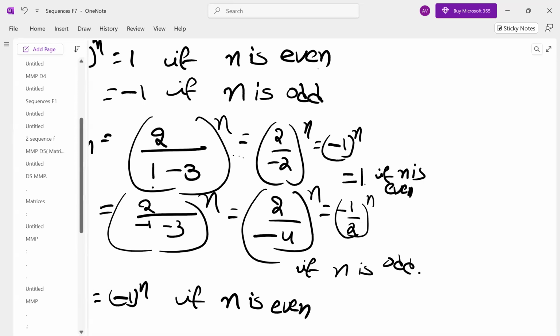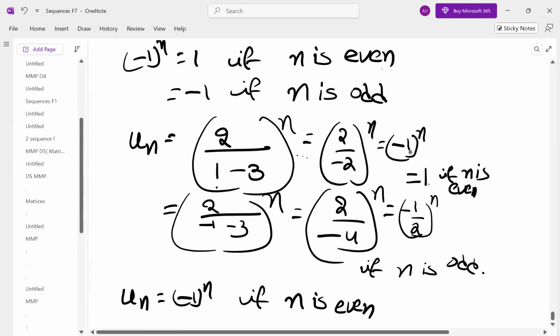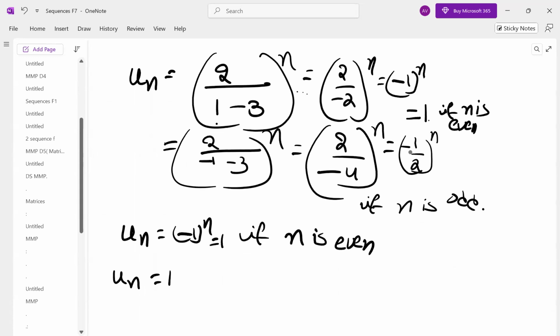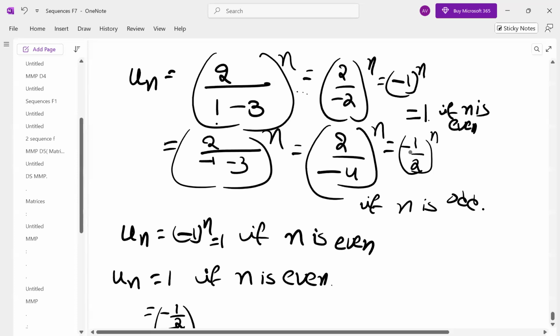So what is the conclusion? Minus 1 to the power of even number is 1. So we got un as 1 if n is even, and minus 1 by 2 whole power n if n is odd.